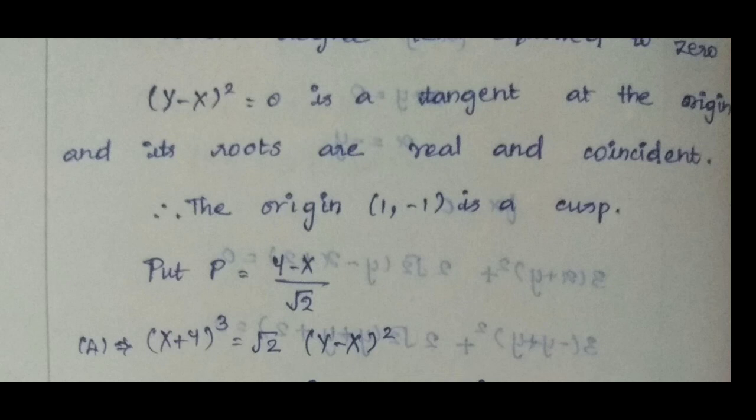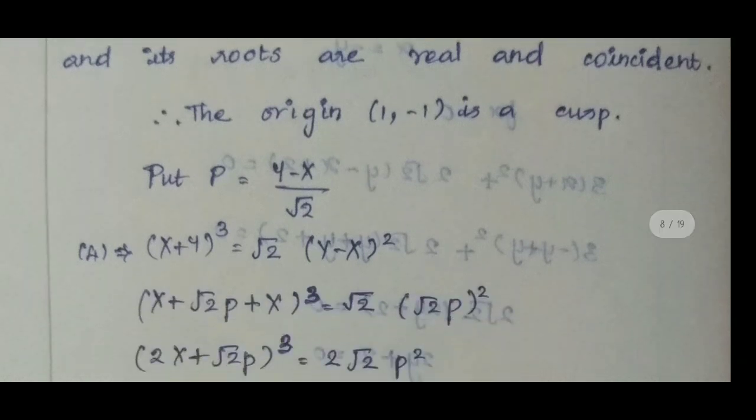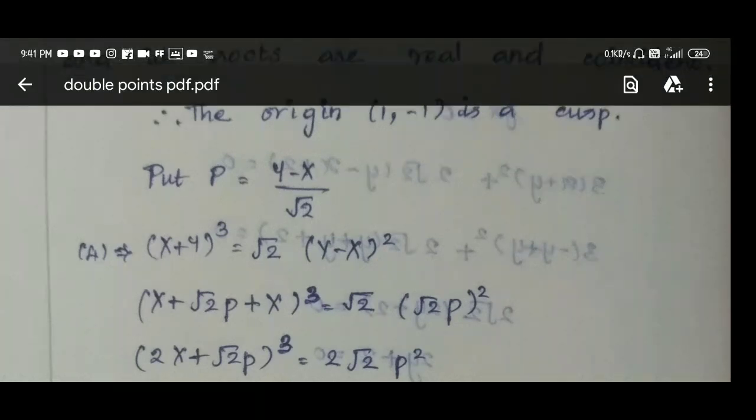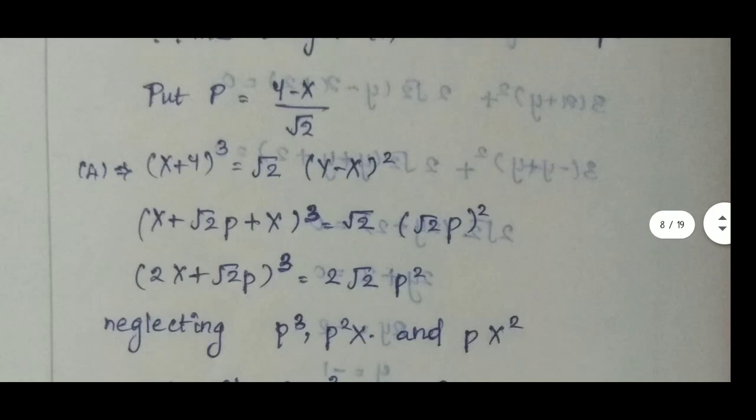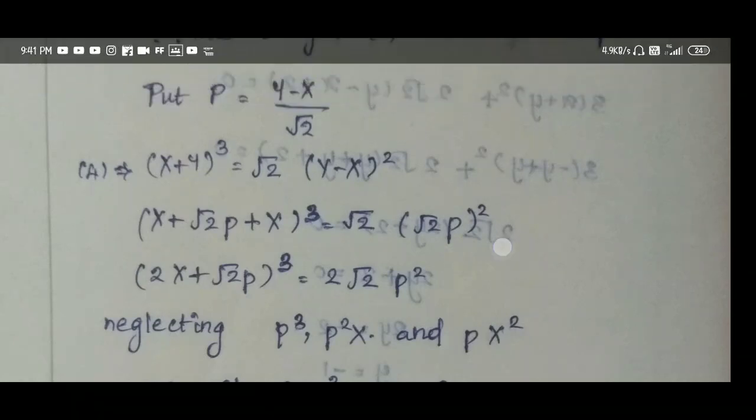(X plus Y) the whole cube equal to root 2 into (Y minus X) the whole square. Instead of Y we substitute X plus root 2 p: (X plus X plus root 2 p) the whole cube equal to root 2 into (root 2 p) the whole square, that is 2 p square.